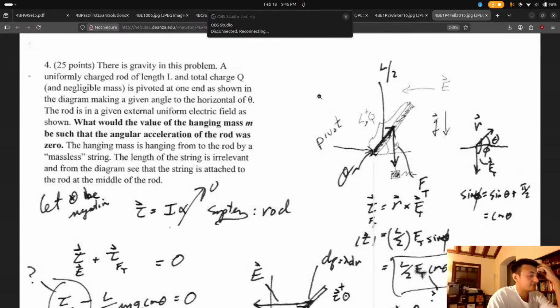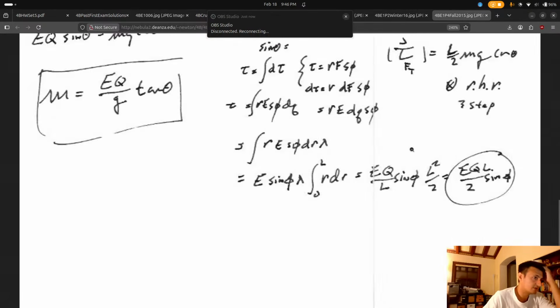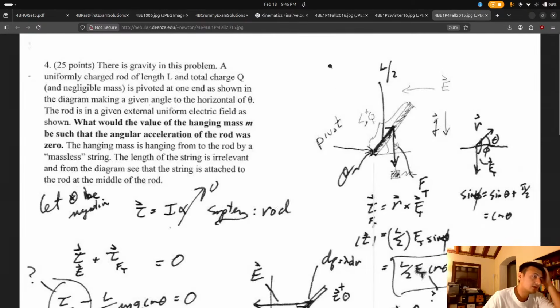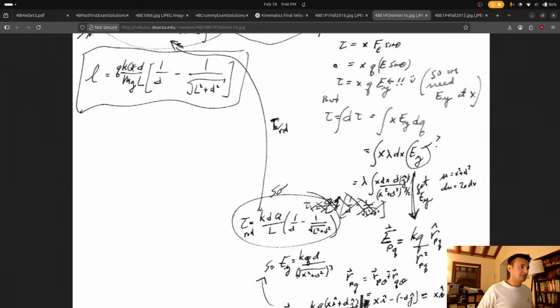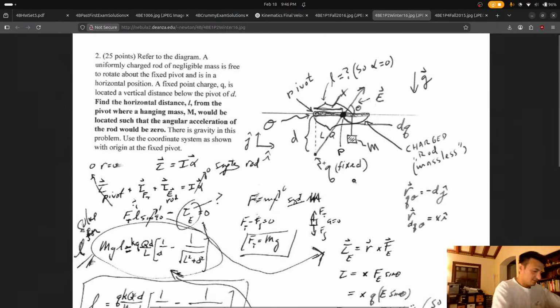After you take the cross product, you actually have to integrate. Bro, torque problems are so annoying. I'm going to do it one more time. This is the last time. Okay, we have a pivot, the origin is the origin. Then we have a mass.